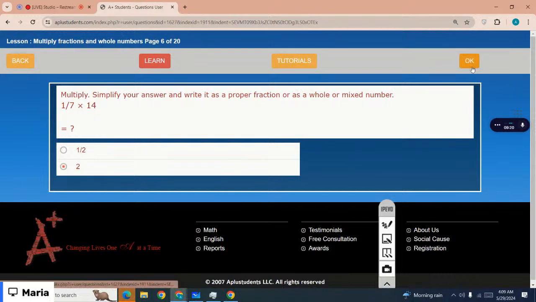Yes, 2 it is, because 7 times 2 is 14. The correct option is 1, right?